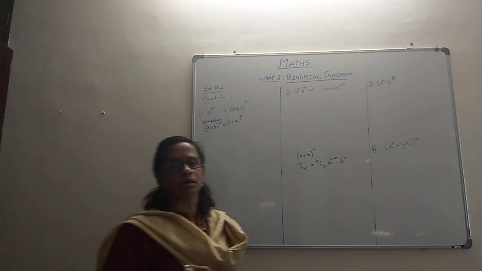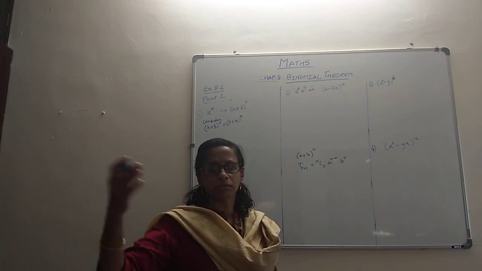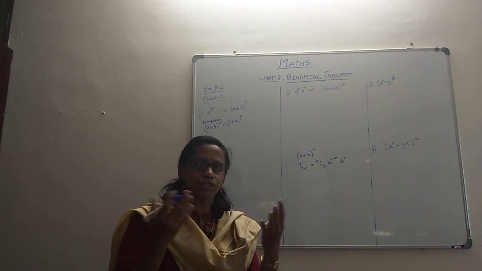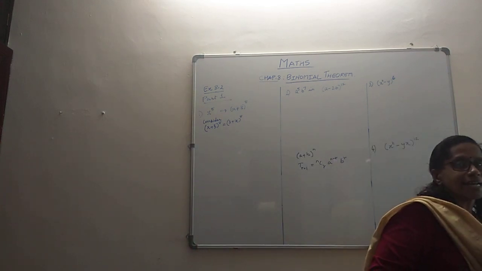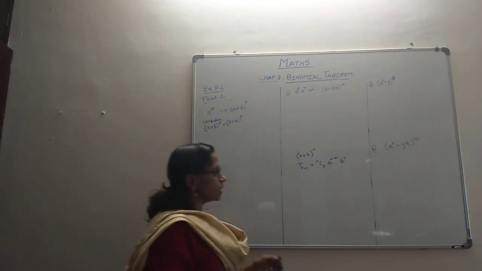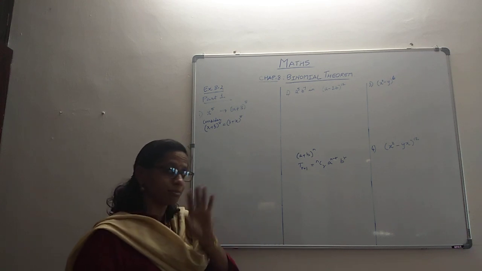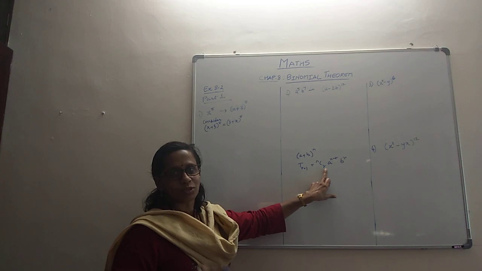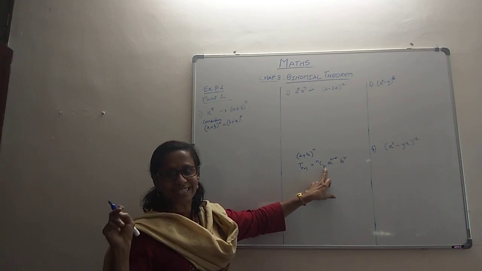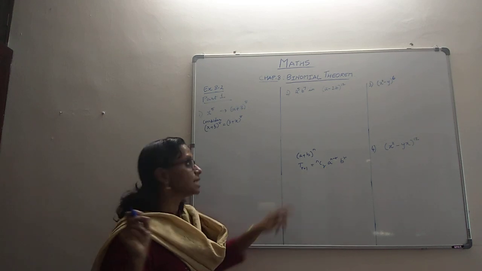Why? Because addition is commutative. You can write it whatever way you want. The advantage is the second term always takes the power as the subscript that is written in that nCr thing. So that way your work becomes a little simpler.